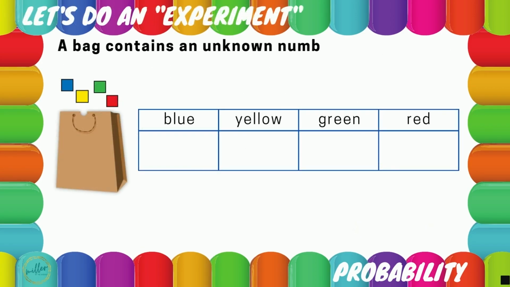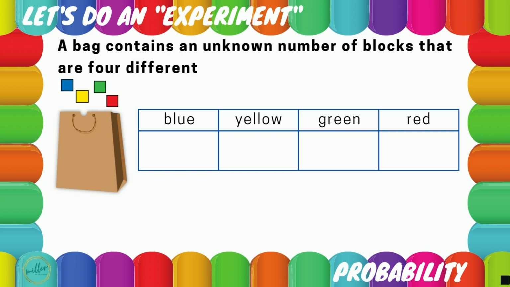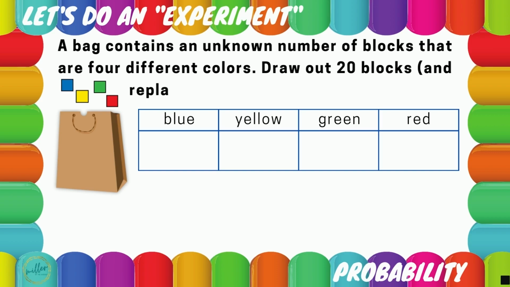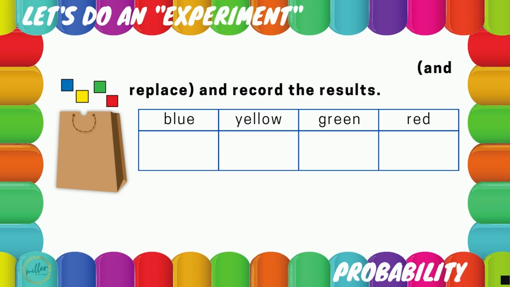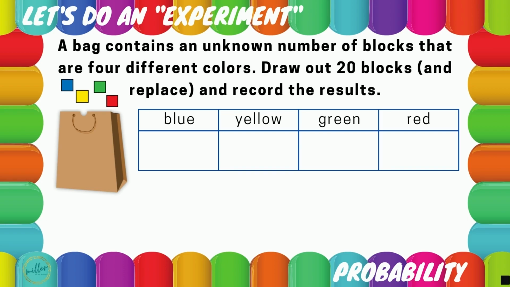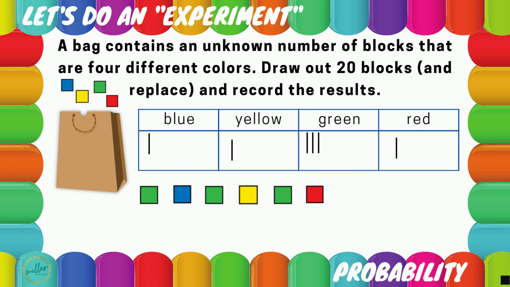Let's do an experiment. So now we're moving on to experimental probability. A bag contains an unknown number of blocks that are 4 different colors. Draw out 20 blocks and replace them, and record the results. Go ahead and tally these up as we draw. Green, green, yellow, another green, red, yellow, green, green, and red.